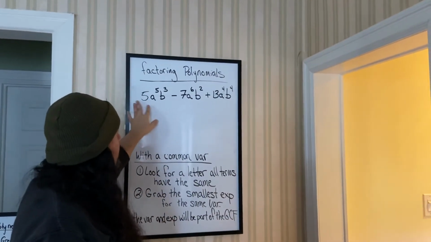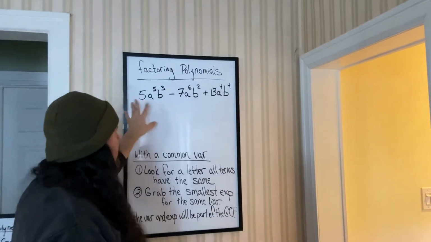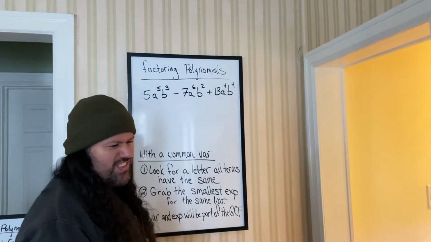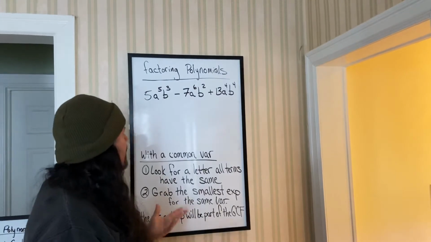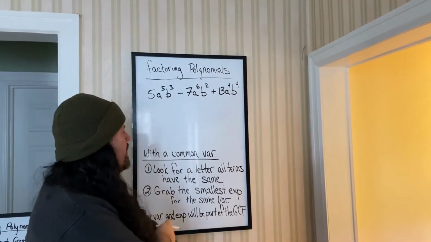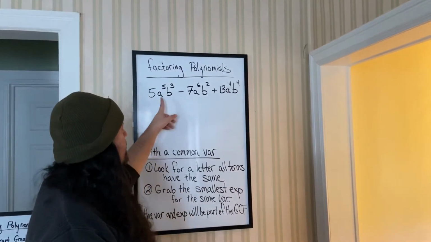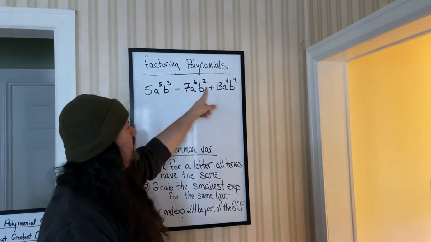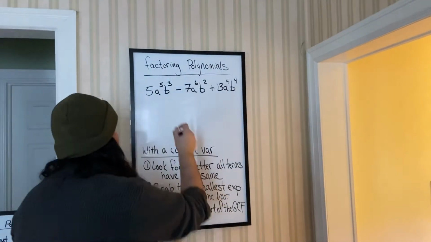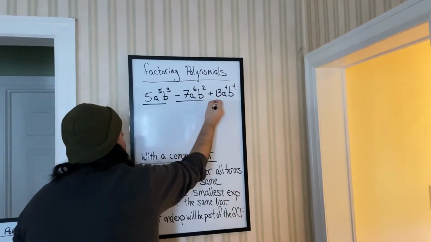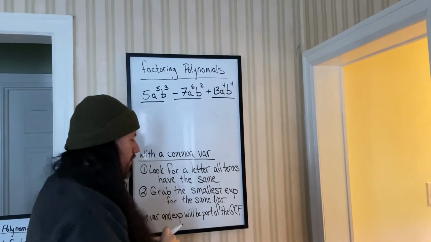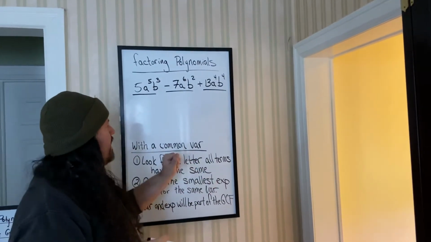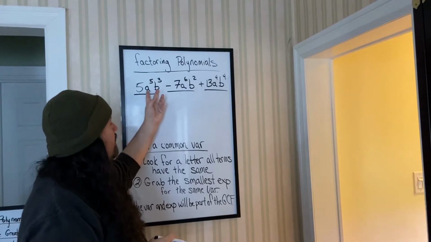The first thing that we would always do to look for a GCF is to see if you have matching set of parentheses. That was part A, which we don't have any parentheses at all, so we can skip that. Part B is to see if there's a letter that is the same in all terms. Now notice we have 1, 2, 3 terms. When I look for a common letter, I'm not looking for the same variable parts.